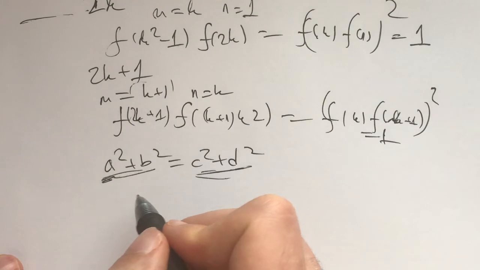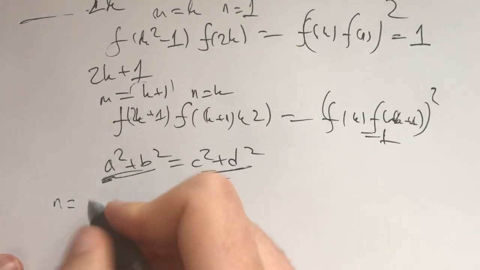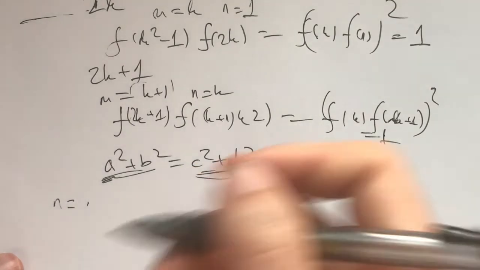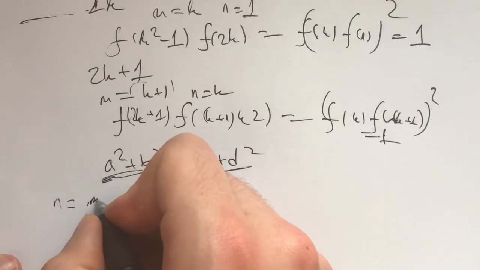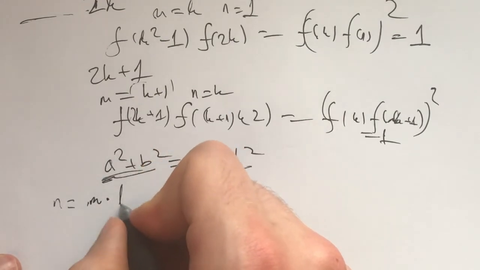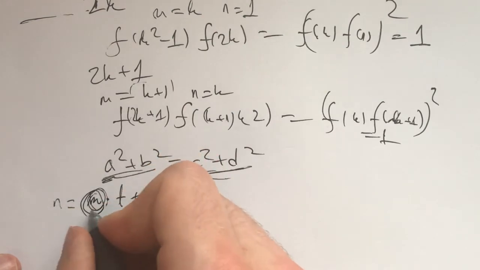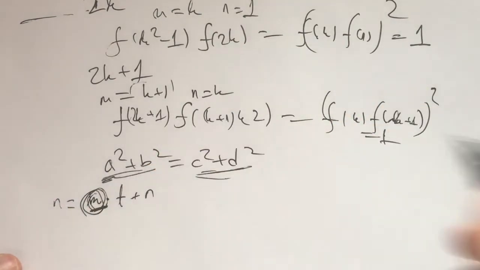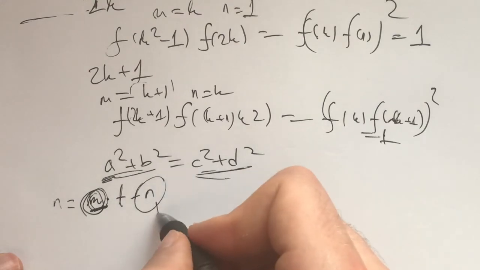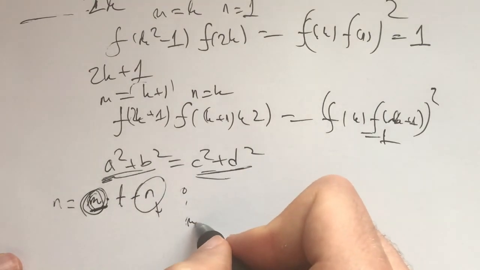how we are going to represent this number n that we're looking at. n is going to be of some form. If we're going to have a couple of cases, it's going to be of the form m times t plus r, where we are representing n in the form of m times t plus r, with r going from 0 through m-1.